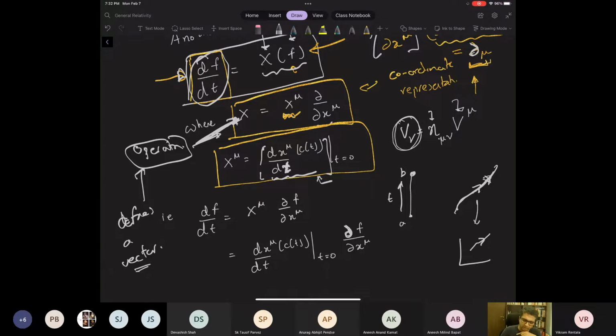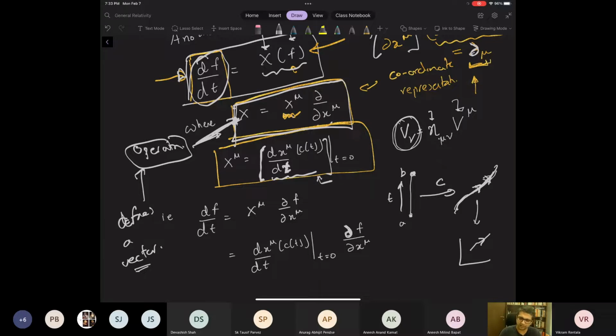So this X^μ, which is defined as this dx^μ/dt, clearly depends on the curve itself. It depends on this map from AB to this curve. So for different curves, you will get different answers. But this entire operation, this X, which is X^μ ∂_μ, only depends on the curve, but it does not depend on the function f.